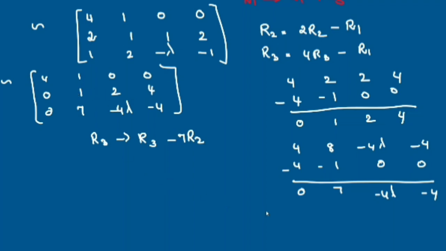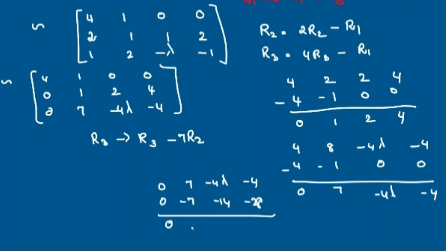So what happens now? R3 is as it is, 0, 7 minus 4 lambda, minus 4. 7 times R2 will become 0, minus 7, minus 7 into 2 minus 14, minus 28. So you will get 0 here. I already changed the sign.